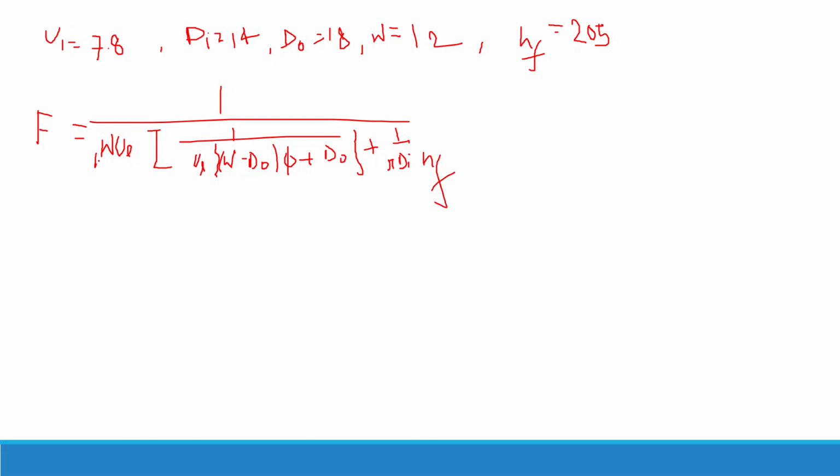So you know W given, UL given, otherwise you have to calculate the UL also.